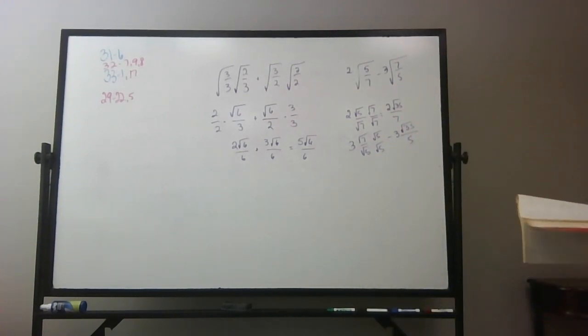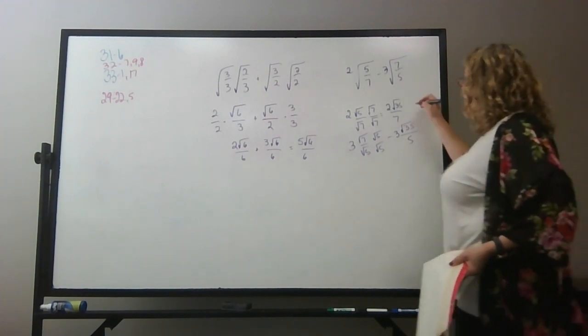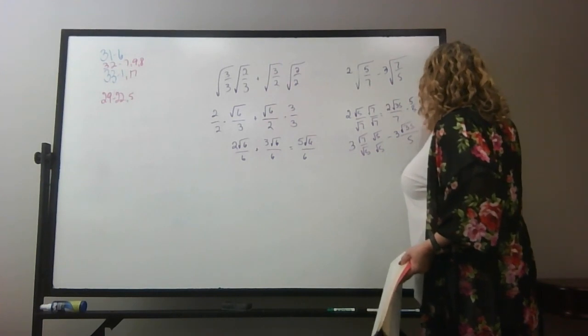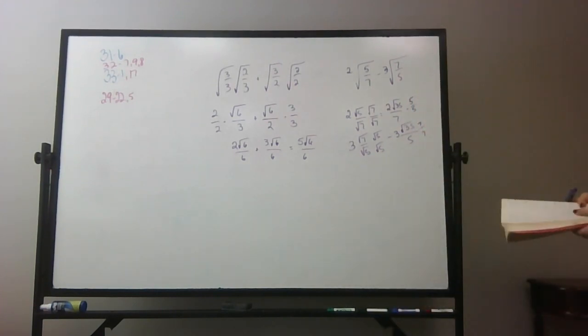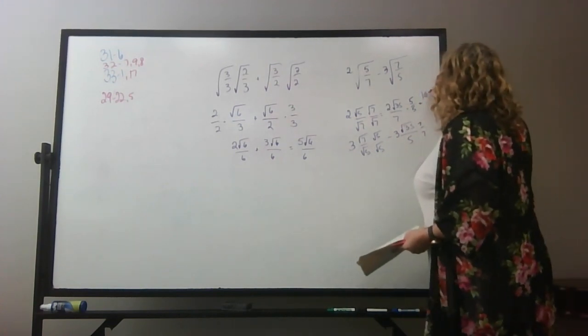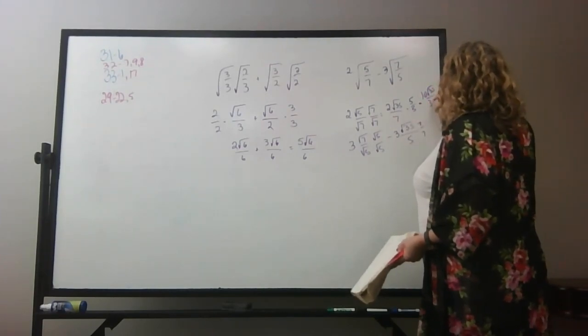Okay. And now I need to just multiply it by that common denominator. So up here, I'm going to need to multiply this one by 5 over 5. And I'm going to multiply this by 7 over 7. So then I'll wind up with here 10√35 over 35.